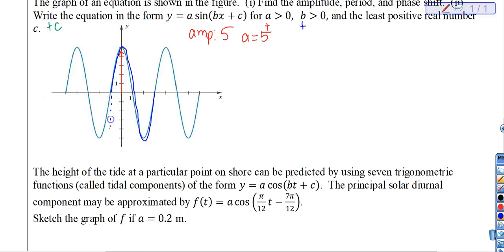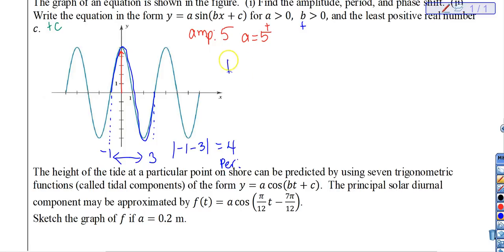So what is this value here? It's not 1. It's negative 1, right? And then here it is 3. And so the distance between them, the absolute value of negative 1 minus 3, is 4. So that's my period. It has a period of 4.